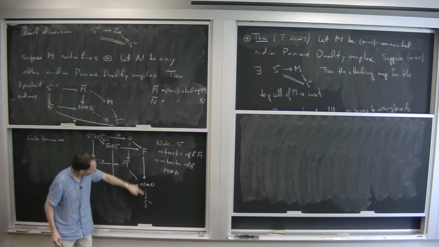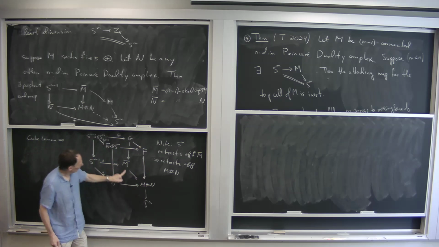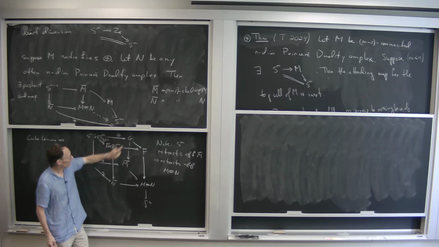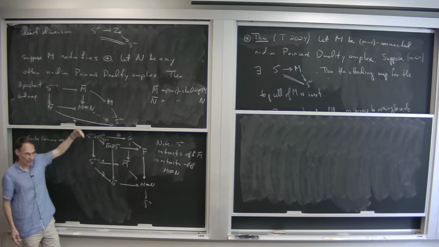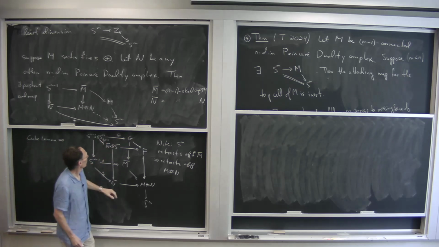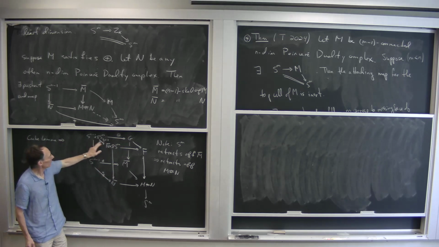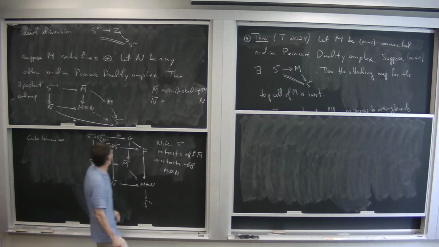In this case, because SM is retracting off this connected sum, it's retracting off M bar, so the connecting map here is trivial. These are product fibrations, so the connecting maps are trivial. All of these are going to be compatible. So you can take this copy of loop SM and you can kind of collapse it out.